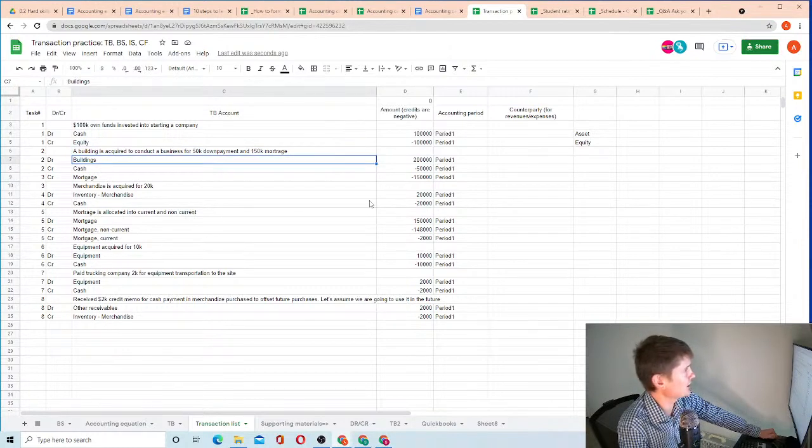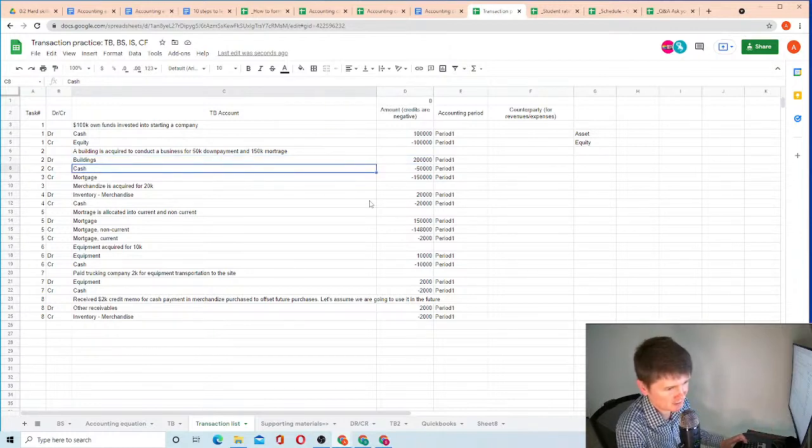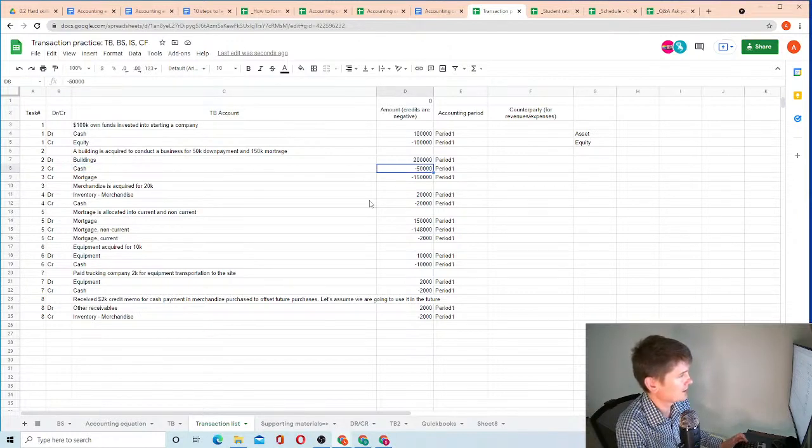So we say, okay, the building is 200,000. We spent 50,000 cash on it. So we gave that money to the owner of the building or to the escrow account, and the company lost that cash or invested it into the building.